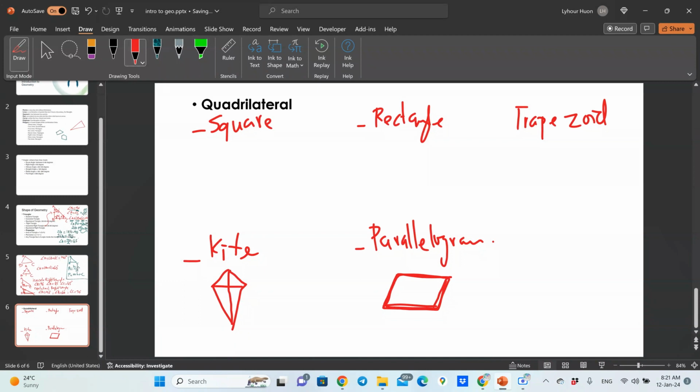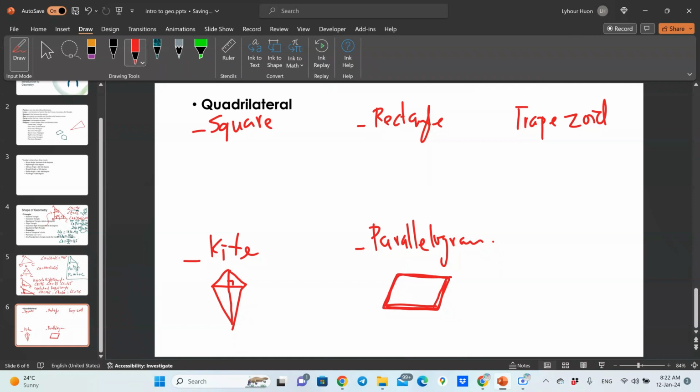Do you know the word perpendicular? Perpendicular means they intersect at a right angle at one point. So these are the diagonals, and they intersect perpendicularly.